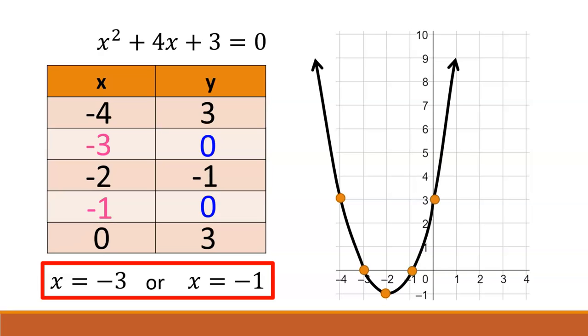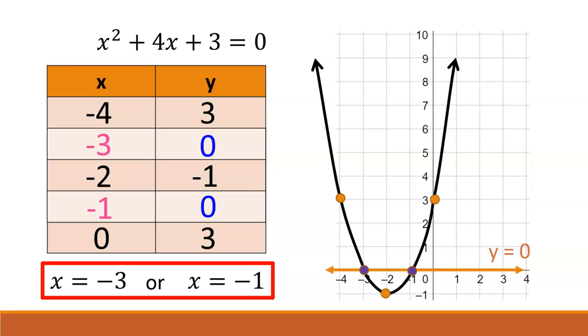But we've also got a graph, and the solutions to the quadratic equation are in the graph as well. Now remember, we substituted y for 0. In other words, y was equal to 0. And the line y equals 0 is actually on our graph. It's the x-axis. So on that line y equals 0, we have every point that has a y-coordinate of 0.